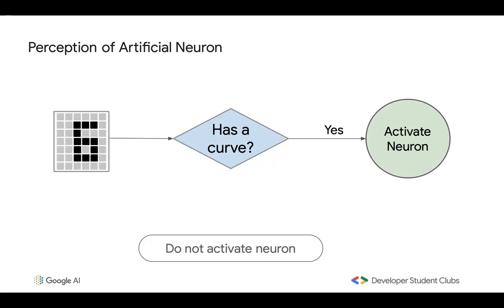Simple functions like these can combine to make more complex decisions. For example, the ability of this neuron to determine whether or not the input has a curve is due to other neurons checking to see if a pixel is black or not. So the decisions made by each level of the neural network helps inform decisions in future layers.